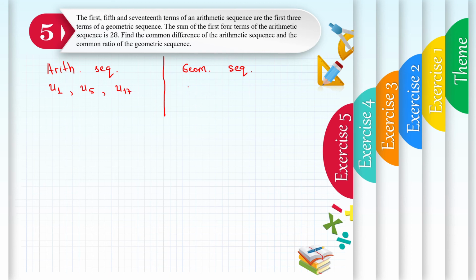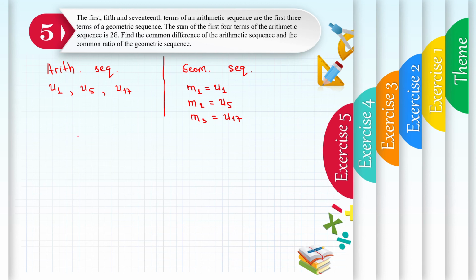So if the first term of the geometric sequence we denote by m sub 1, it will be equal to u sub 1. The second term, m sub 2, will be equal to u sub 5, and the third, m sub 3, will be equal to u sub 17.